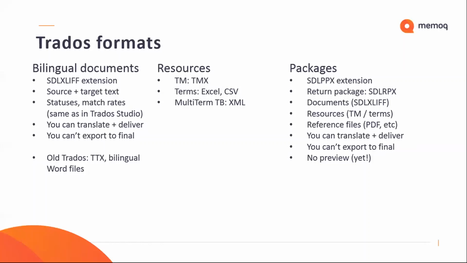And translation packages are technically really just a package file. They are actually zip files, so complex archive files. In the case of Trados Studio, they have this SDLPPX extension for the format that you will receive for translation, and there is a return package which contains translated files, and it has the SDLRPX file extension.